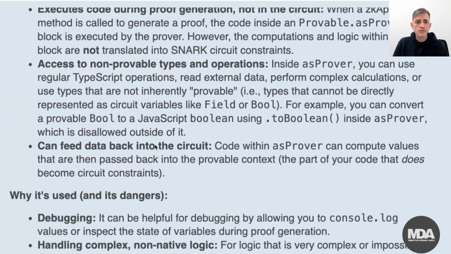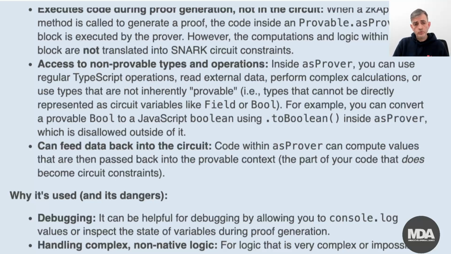This does give us access to things that otherwise we would have difficulty with, because it means we can access non-provable types and operations. So there is a valid use case for using this, but you have to be aware that if you're doing that, then that access, the things that you're reading and the operations that you're doing are not producing something within the circuit, so they're not part of the proof.